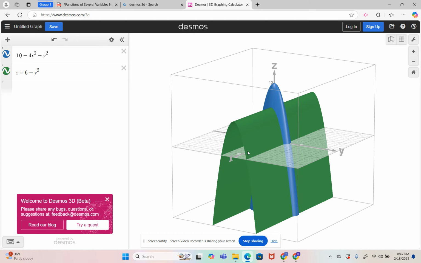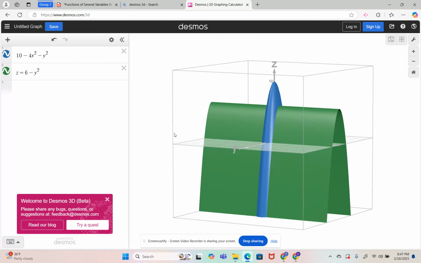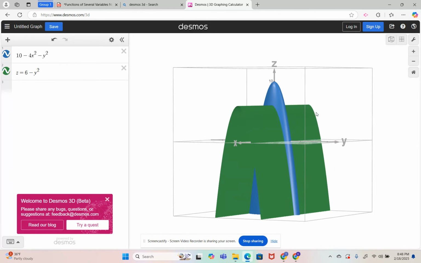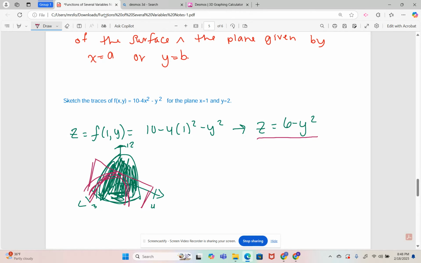And so then when we substitute in, what was the other one? Y equals 2. When we substitute y equals 2, we're going to find a parabola on this side. So let's show what that work looks like.